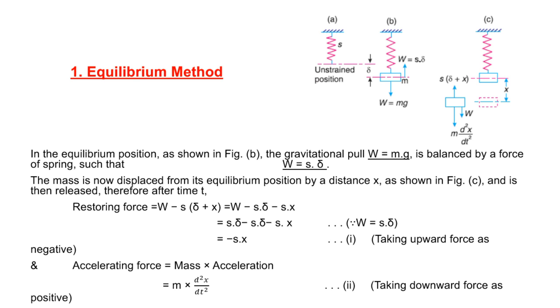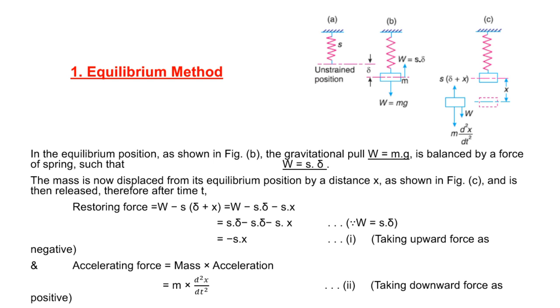In the C diagram now, that mass is again displaced by distance x, therefore the spring force will be S into delta plus x. See in that C diagram. Then one more force in the downward direction will be there, that is W, W equal to mg, its self weight, along with the accelerating force.